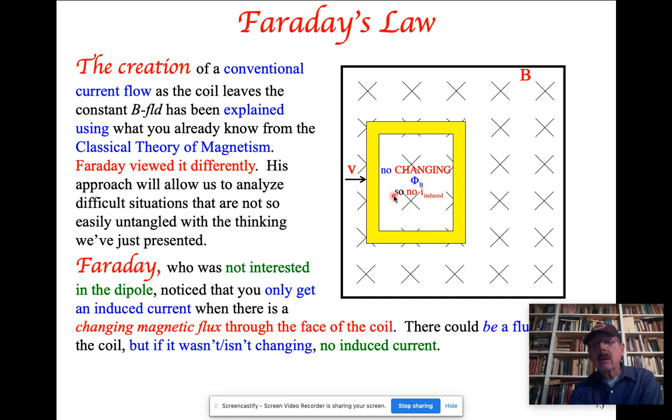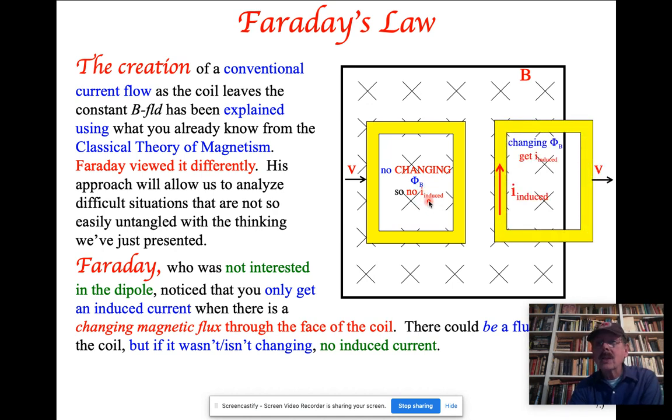What he observed was that when there was no changing flux, you got no current. Whereas when the flux was changing, here the number of magnetic field lines passing through is diminishing, then you got a current.